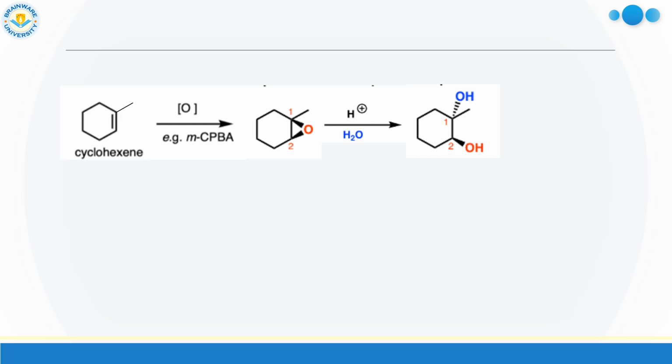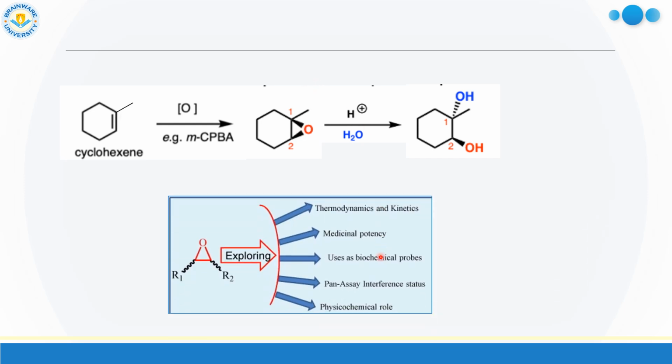But remember, if a stereocenter, a chiral center, is there, then a trans-type product is formed, because the nucleophile attacks and opens the epoxide from the opposite side; that's why it will be a trans product.